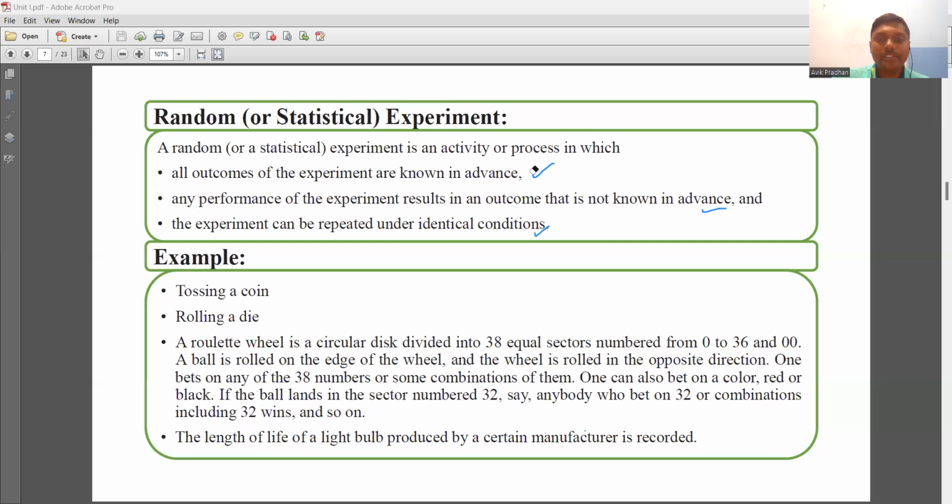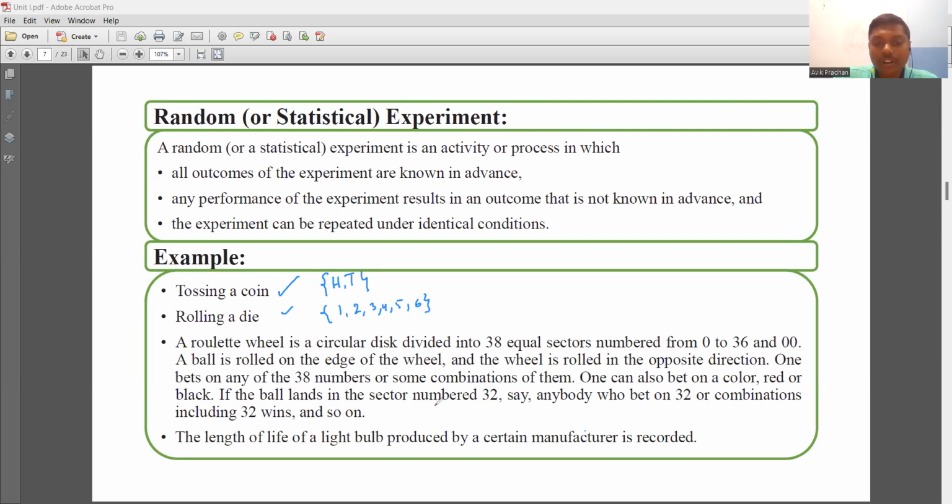So I have mentioned here 4 random experiments, out of which you can see the first one has 2 possible outcomes. If I think about the notation, I can write head and tail. For the second one, I have 6 possible outcomes: 1, 2, 3, 4, 5, and 6.